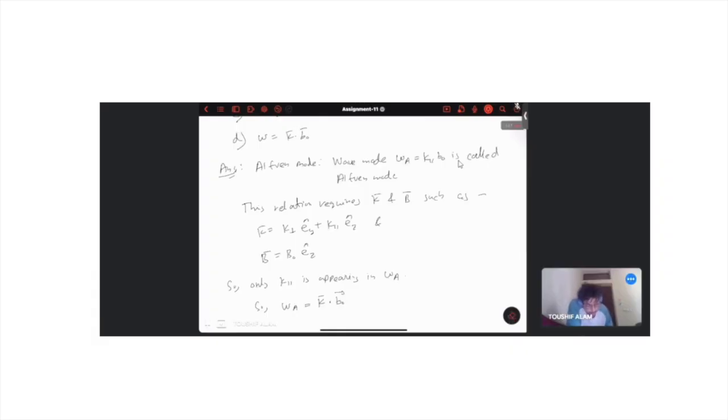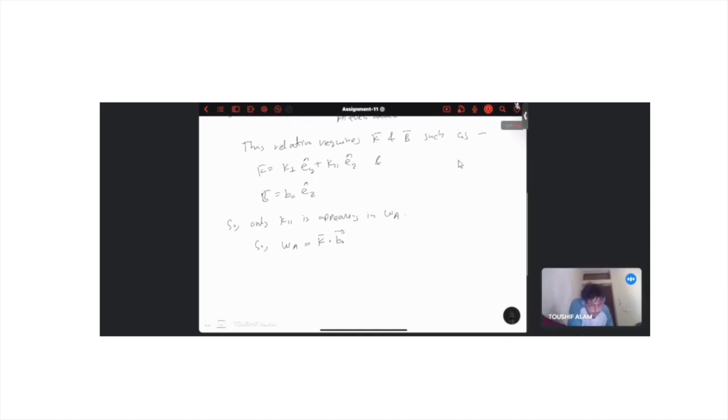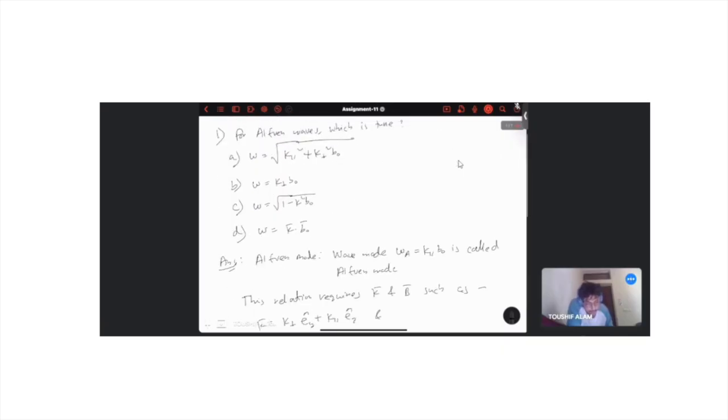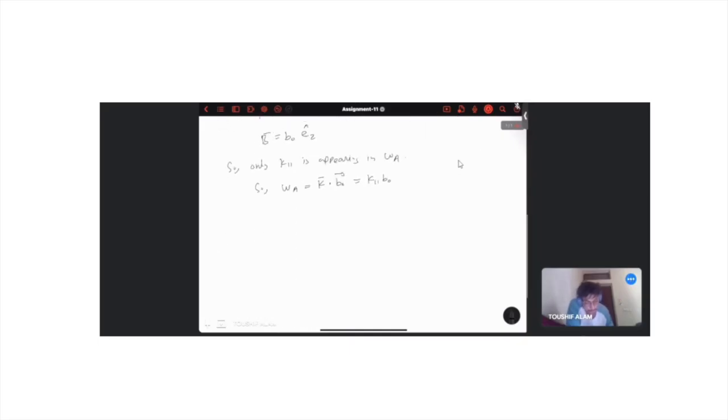Yeah, because it will then be k parallel b naught, obviously. So option D is the right answer.